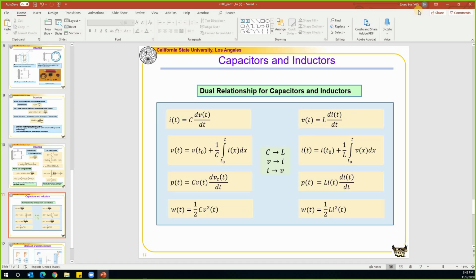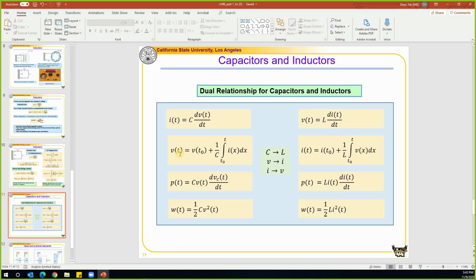Alright, so now we put all these equations related to capacitors and inductors together, and let's compare them side by side. For capacitors, the most basic equation is the current going through this capacitor, which is equal to C dv over dt. For inductors, the most important and basic equation is that the voltage on this inductor is equal to L times di over dt.